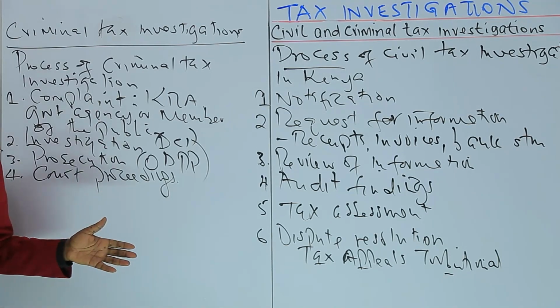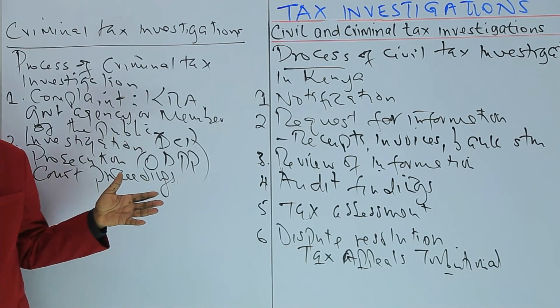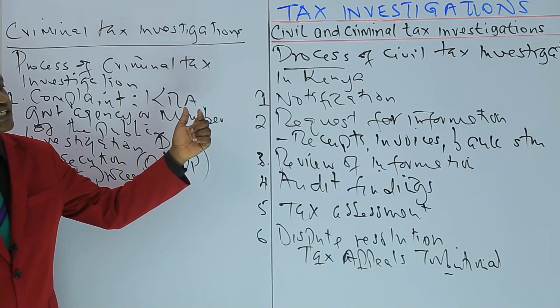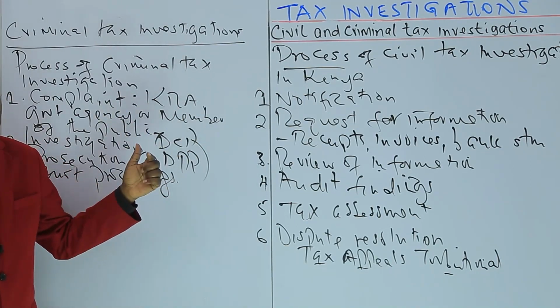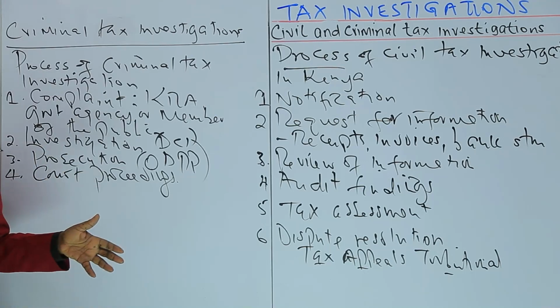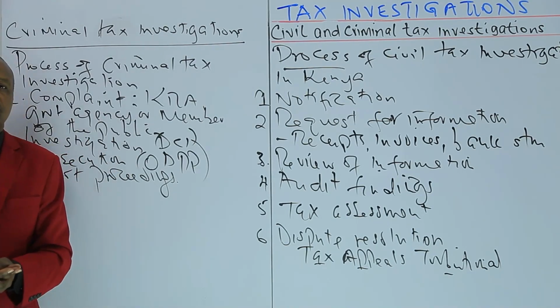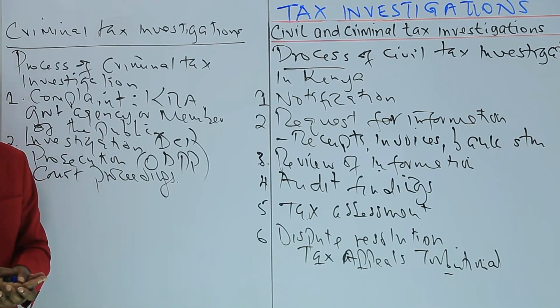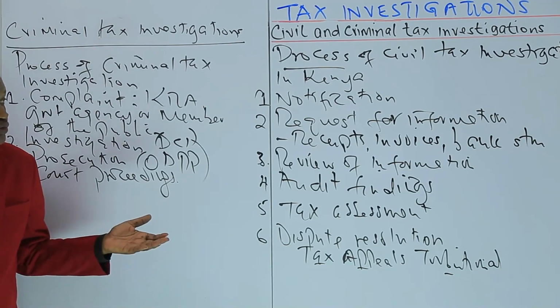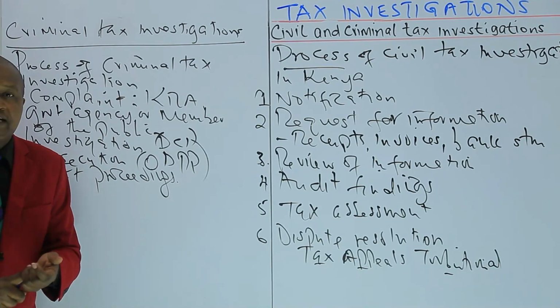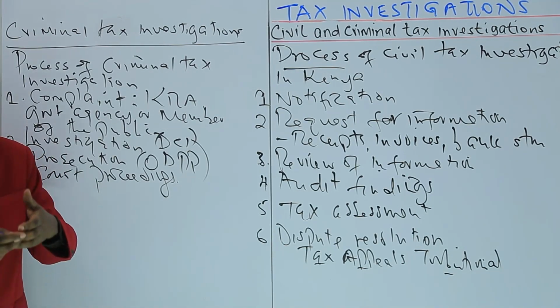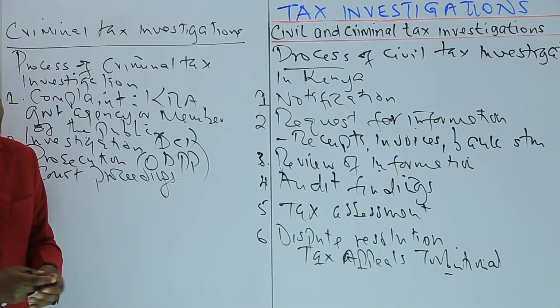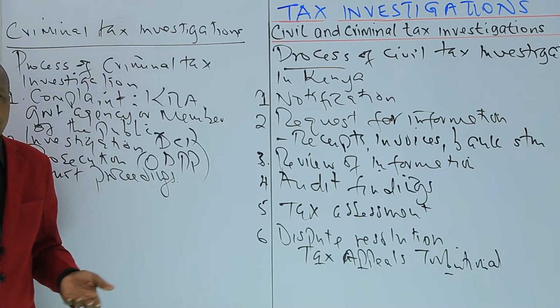But it's important to note that taxpayers have rights during both the civil tax investigations and also the criminal tax investigation. One right is the right to remain silent. Taxpayers do not have to answer questions from KRA or from DCI.